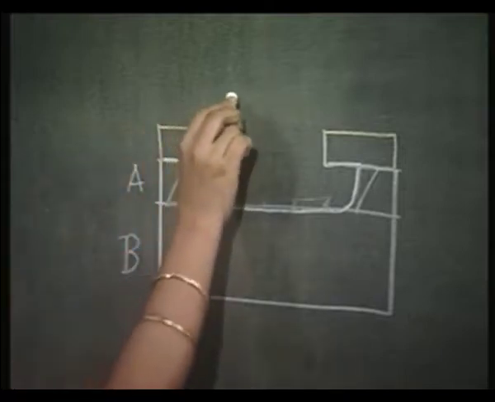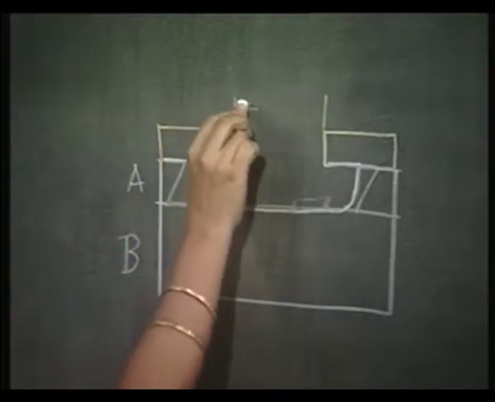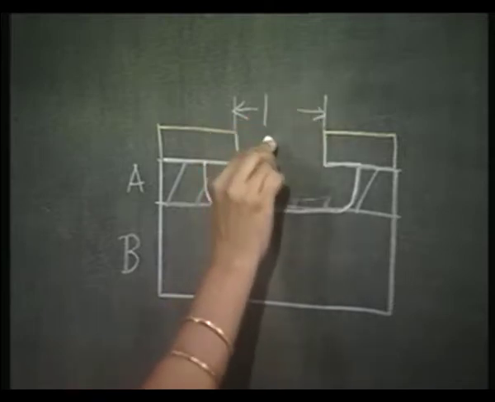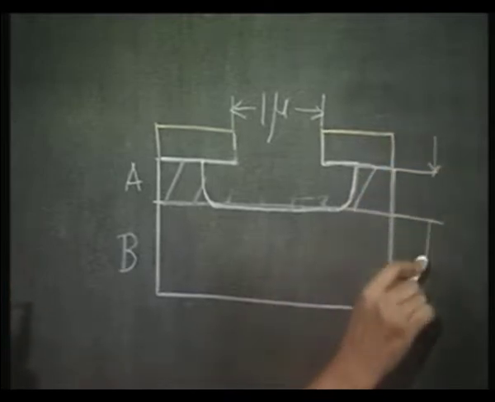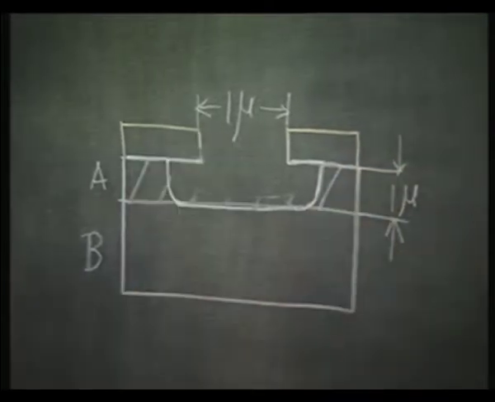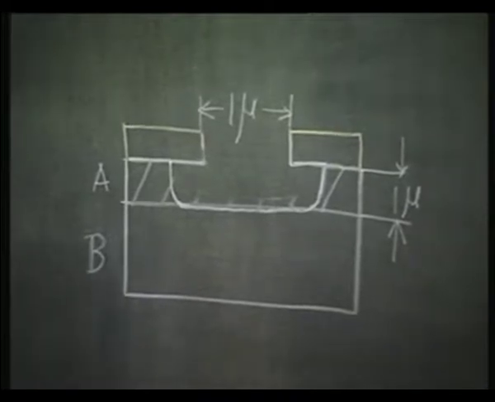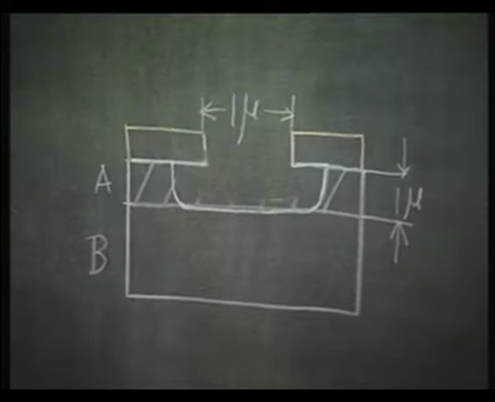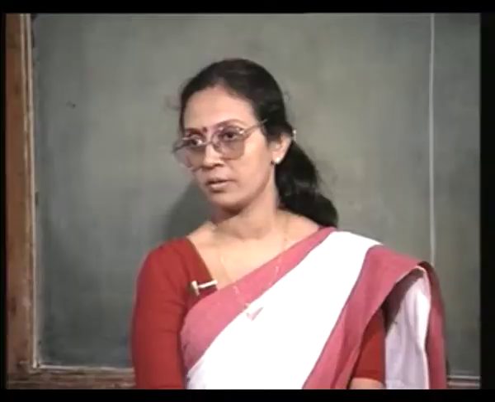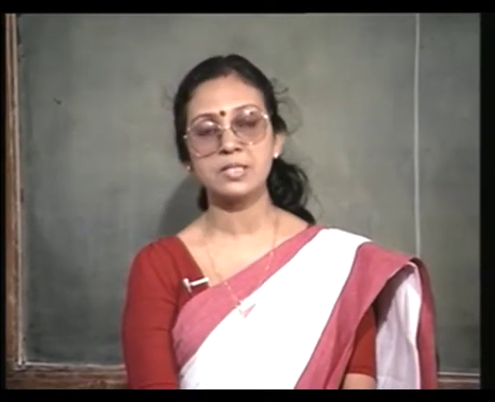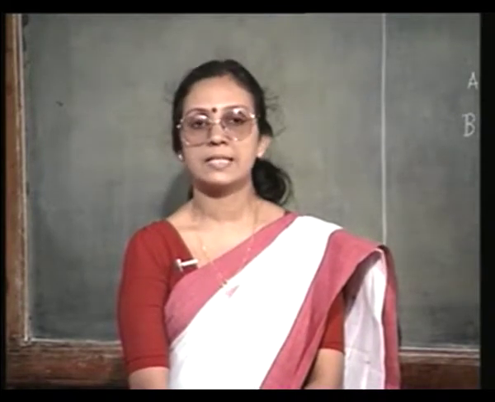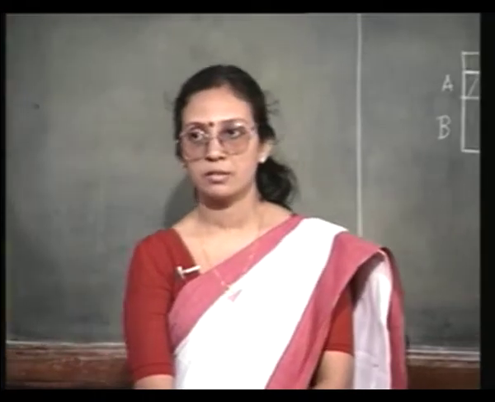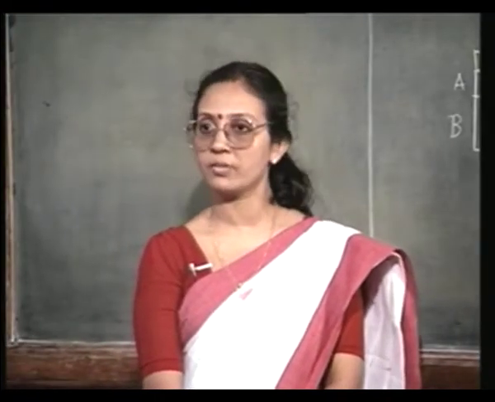And if the dimension of the window opening is, let us say, 1 micron, and the thickness of this is also 1 micron, and the etching solution cannot at all distinguish between the horizontal and vertical surface, that is, it is perfectly isotropic, it etches at exactly the same rate both the horizontal as well as the vertical surfaces.